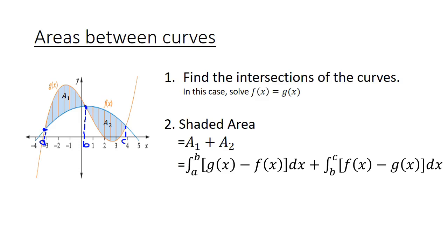For A2, A2 is the definite integral of f(x) minus g(x) from B to C. So f(x) is the function above area A2 and g(x) is below area A2. Again, we use the function above minus the function below.